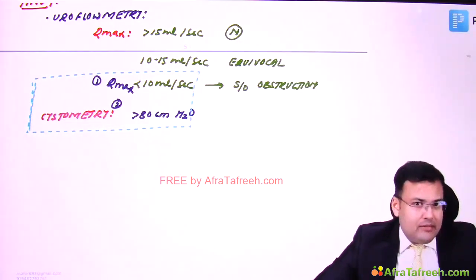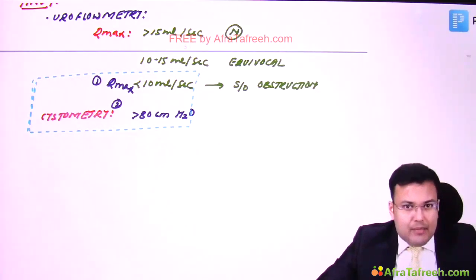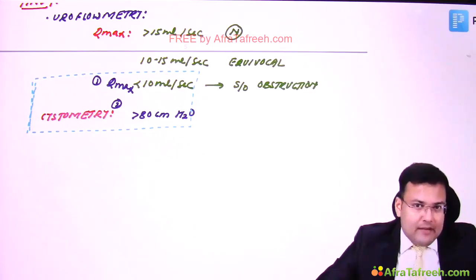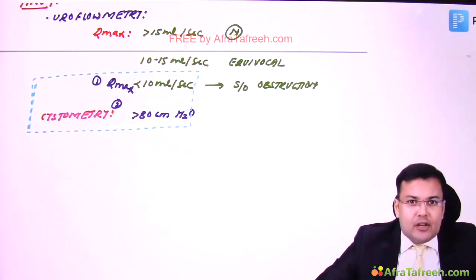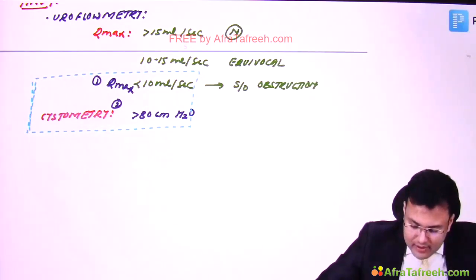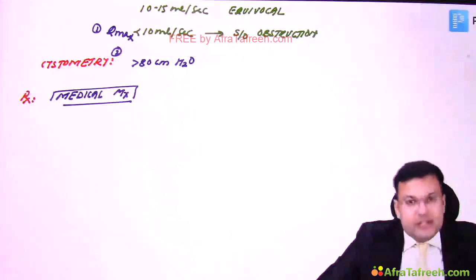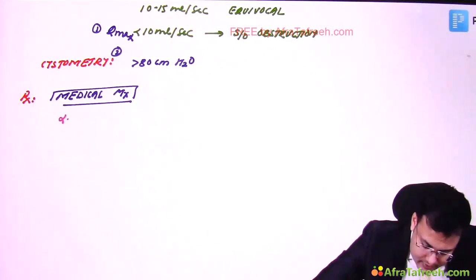In medical management, we discussed which drugs are preferred. Alpha blockers are preferred over 5-alpha reductase inhibitors, because these are instantaneously active. So the diagnosis is confirmed, we start medical management. Clear? Which drugs? We start alpha blockers.